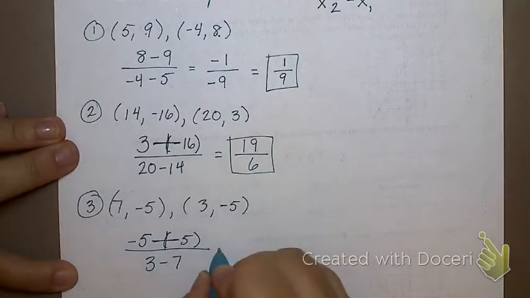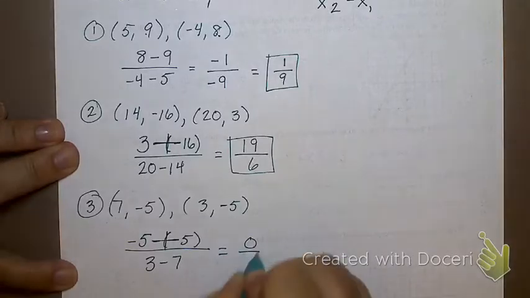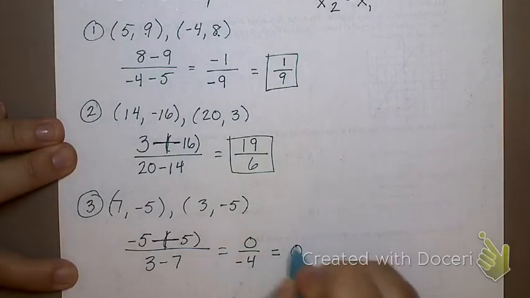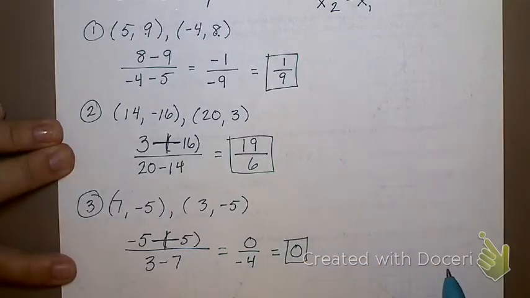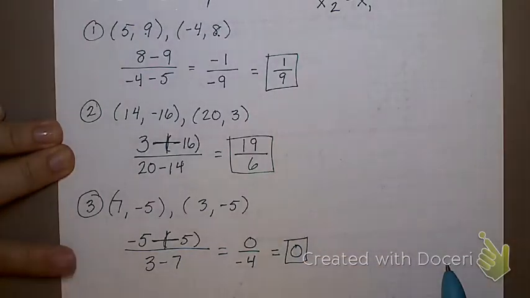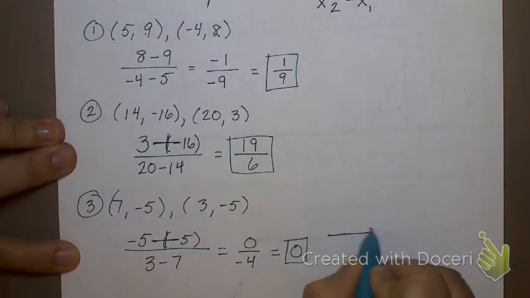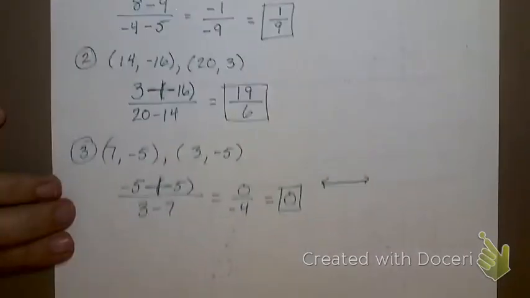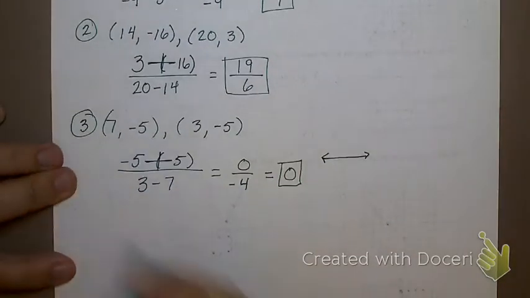What's -5 plus 5? Over -4. What's 0 over -4? 0. So what do I know about that line? The slope is 0, which means it's going to look like what? Nope, it's going to be horizontal. Slope of 0 is horizontal.